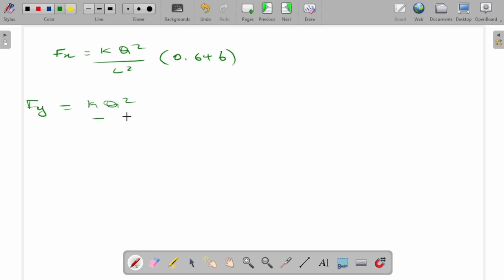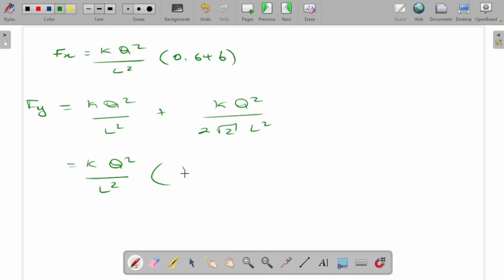That's kq squared over L squared plus kq squared over 2 root 2 L squared, and then you take out the kq squared over L squared. You are left with 1 plus 1 over 2 root 2, which is kq squared over L squared multiplied by 1.35. Yes. Okay, 1.35.